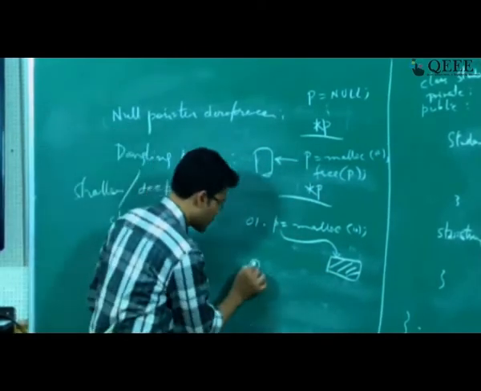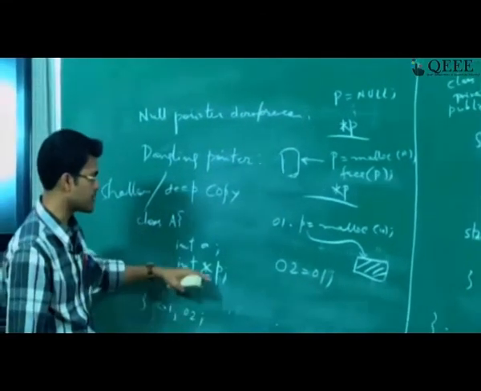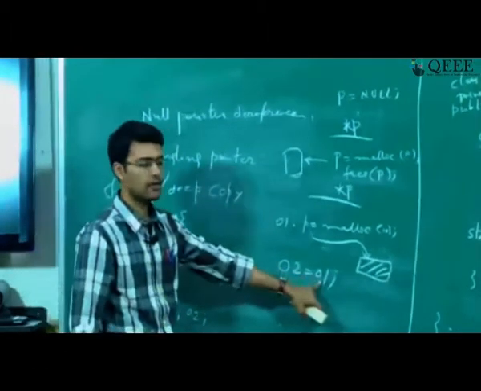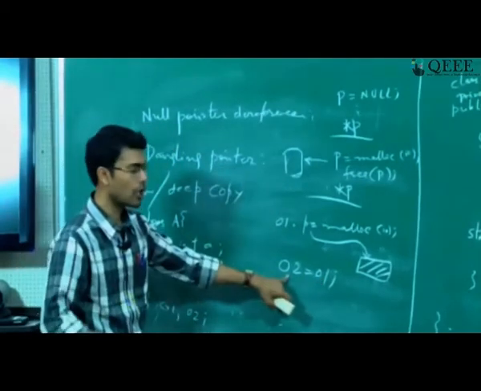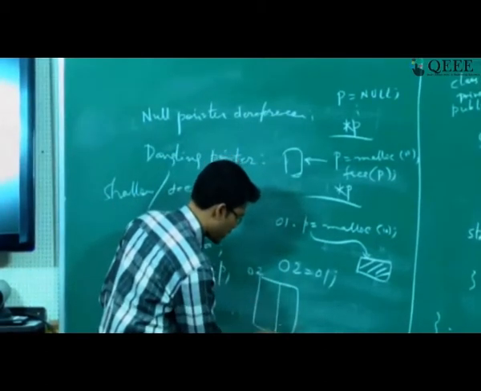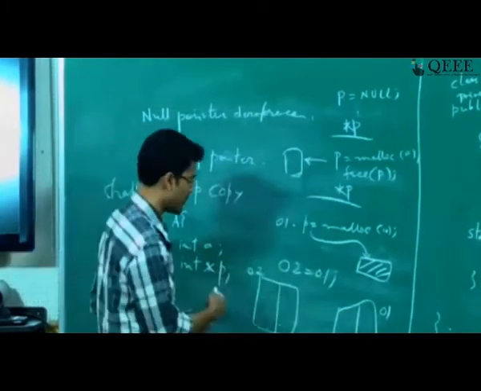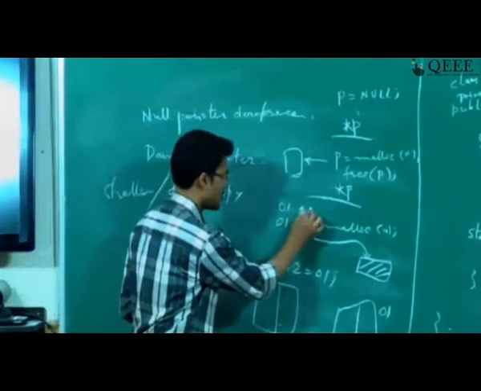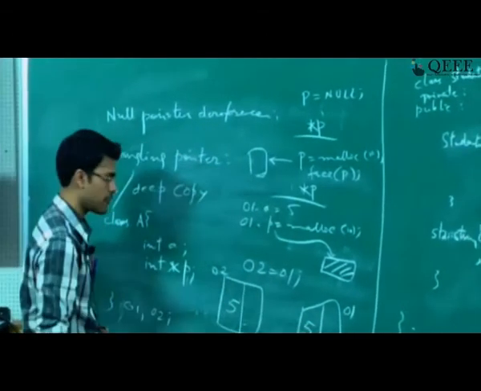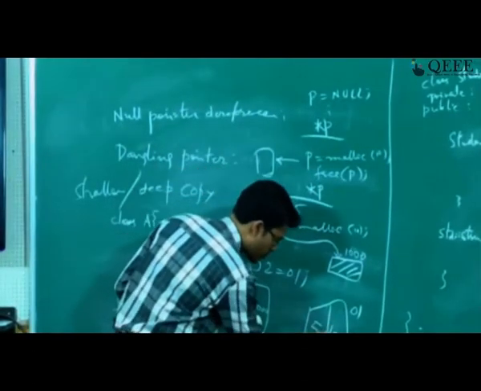Now if I do O2 equal to O1, that is going to create byte wise memory copy of all of this, which means that the value of A is going to get copied, O2 dot A will contain the value of O1 dot A, and similarly O2 dot P is going to contain, so this is O2 which has two elements, and this is O1 which has two elements, and when you do byte wise copying, let's say that O1 dot A was 5, so this value becomes 5, and let's say this memory location is 1000, so that memory location 1000 is going to get copied here.